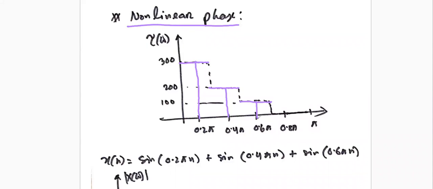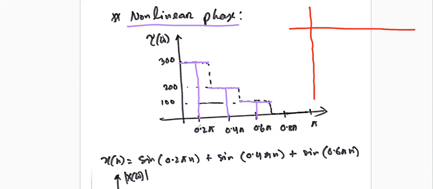So how should the phase response look? Let me draw the approximate phase response. Maybe you need to draw it in your viva or in your final exam. So the group delay is given; how does the phase response look?